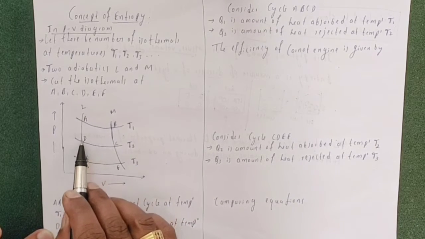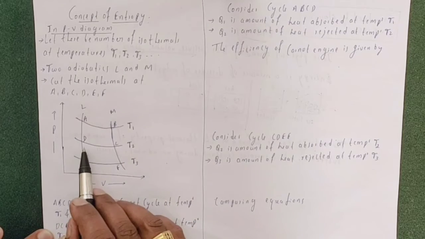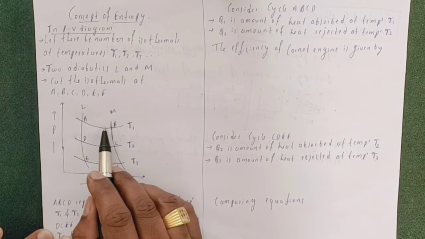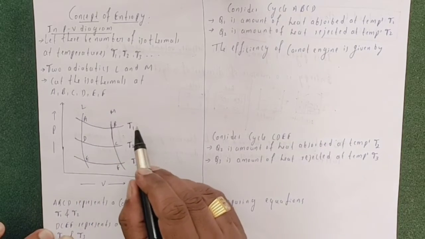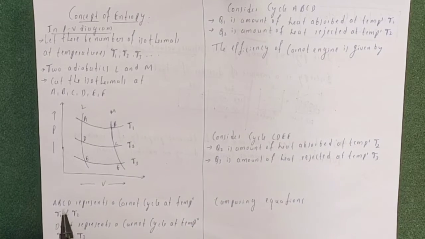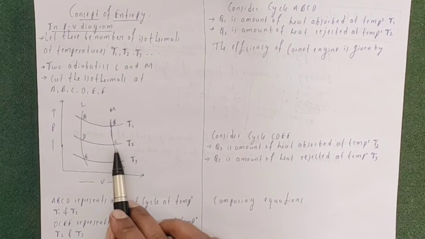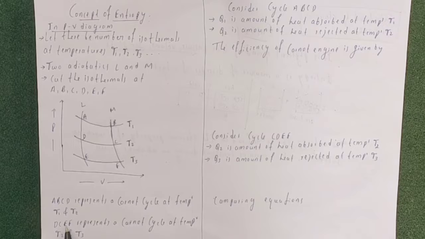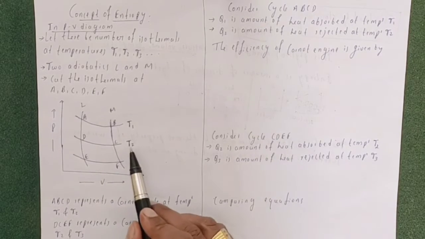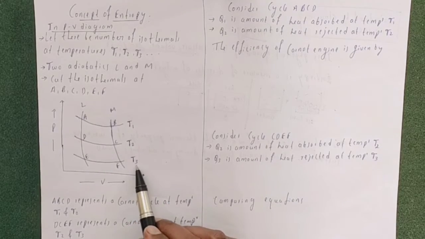Here the first Carnot cycle, A, B, C, D, is working between the temperatures T1 and T2, and similarly D, C, E, F represents another Carnot cycle which is working at temperatures T2 and T3.